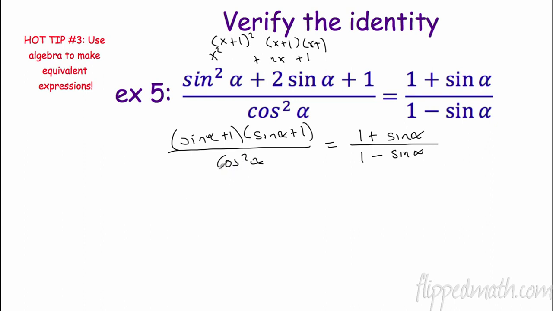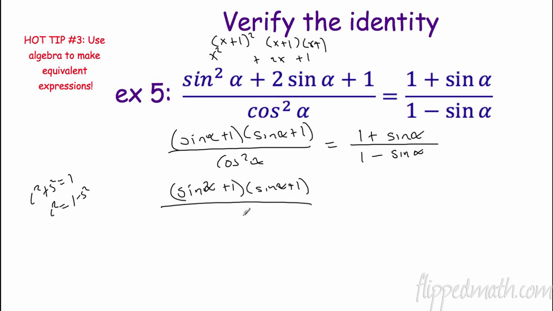When I have cosine squared plus sine squared equals 1, I know that if I subtract this, to get cosine by itself, it's 1 minus sine squared. So I'm going to rewrite that. Sine alpha plus 1 times sine alpha plus 1. And on the bottom, it's going to be 1 minus sine squared alpha.